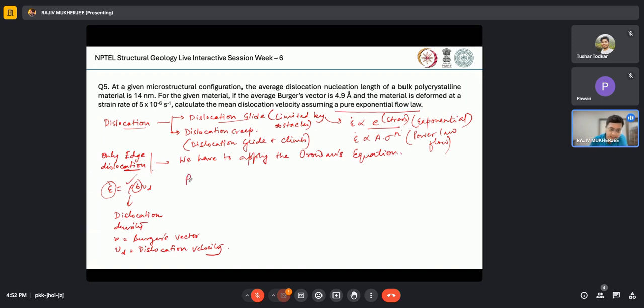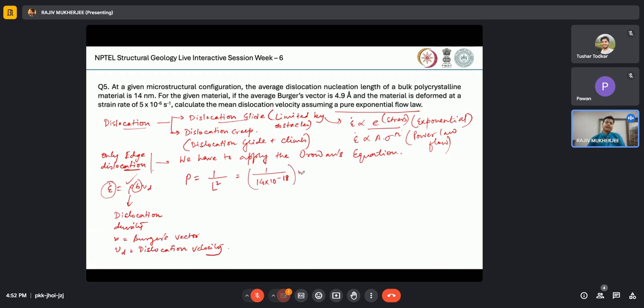Dislocation density is basically the inverse of the square of the mean nucleation length. The length has been given, that is 14 nanometer. So 14 into 10 to the power minus 9 meter, and if you take the square, 14 into 10 to the power minus 18, the inverse is your dislocation density.